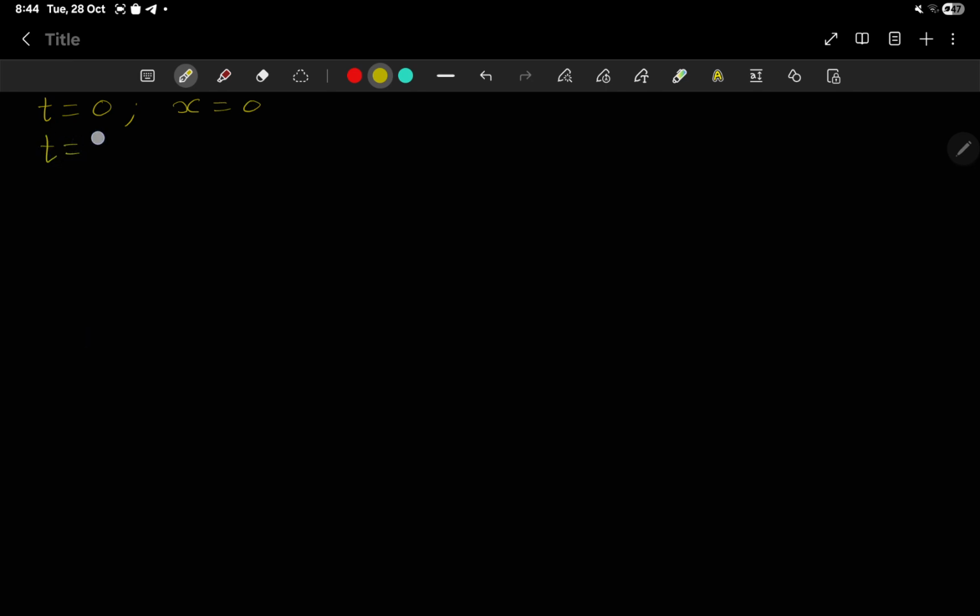At t equals to t 0.5, we get x as 0.5. Okay, and at t equals to t1, we will get x as 1. Okay, so now let's try to plot this curve.